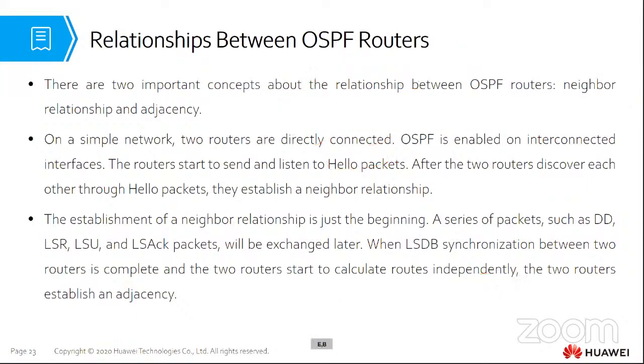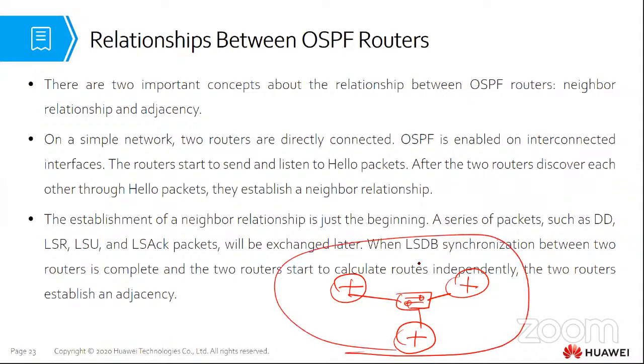Yes, John. So if this is an OSPF router, this is another OSPF router, and this is another OSPF router, and they are all connected to the same switch, it means they are in the same OSPF network. This is router 1, this is router 2, and this is router 3. You might find that router 1 and router 2 form an adjacency. Router 1 and router 3 form an adjacency.